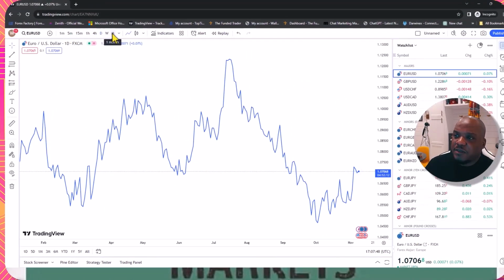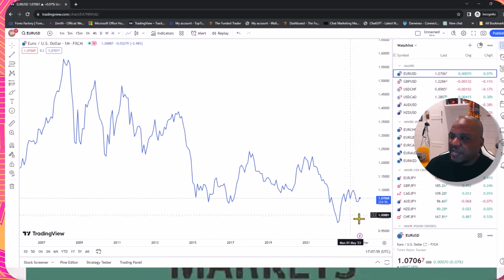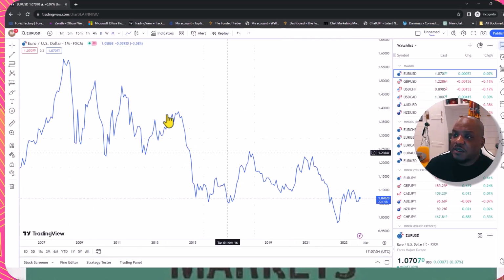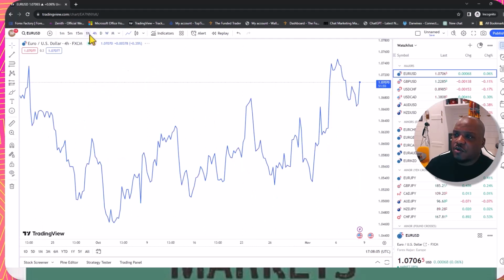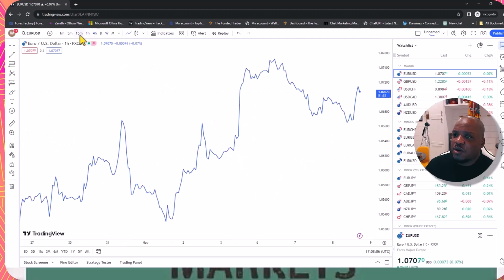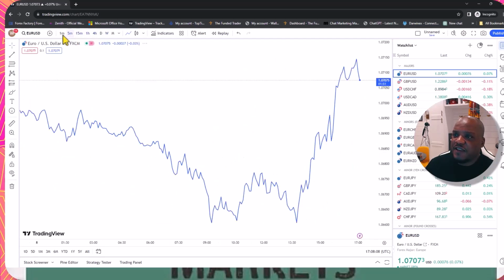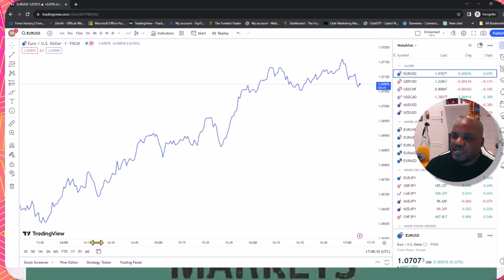So if I click on the month, now time is portrayed on the month. If I click on the week, that's a chart showing price by week. If I click on the 4 hour, the 1 hour, the 15 minute, 5 minute, 1 minute, you can see that this chart will turn and I'm able to see price right now every minute.